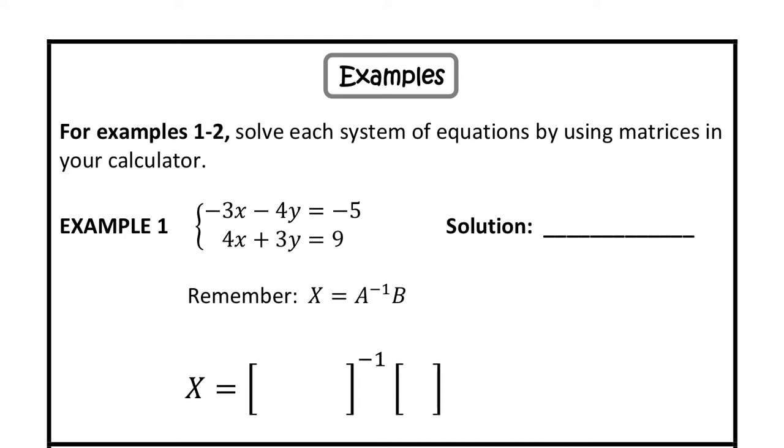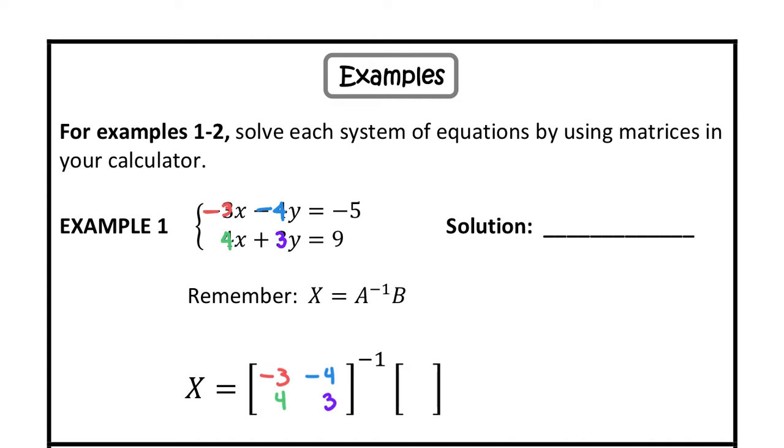So I'm going to try and color coordinate so we can see what we're doing, right? So I have -3, -4, 4, and 3. Okay, so that's where those numbers are coming from. And then let me pick different colors.